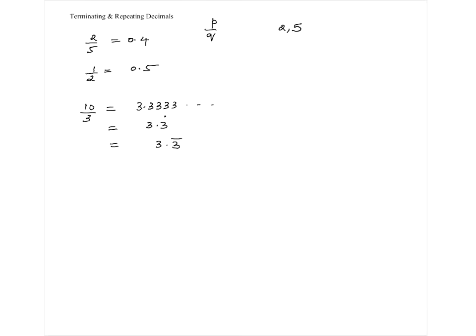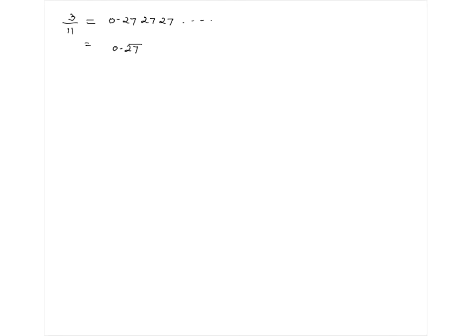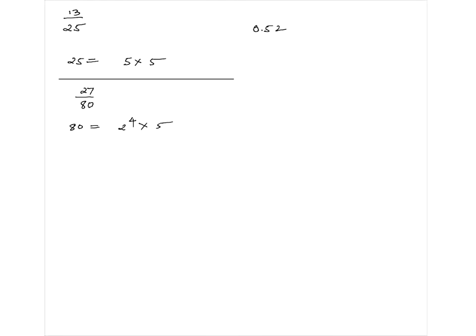That means there should be no common factors in P and Q. Then watch out for the factors present in Q. If you find that only 2 and 5 are present as the factors, they may have certain powers, then it will be terminating type.